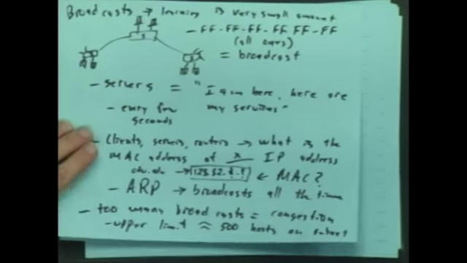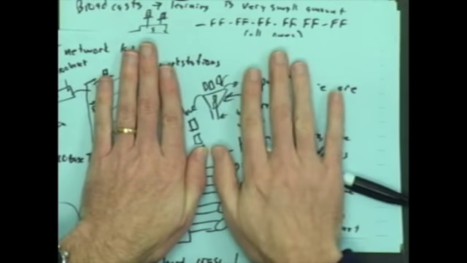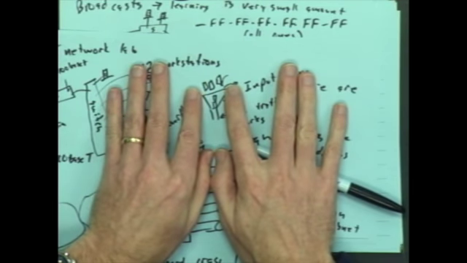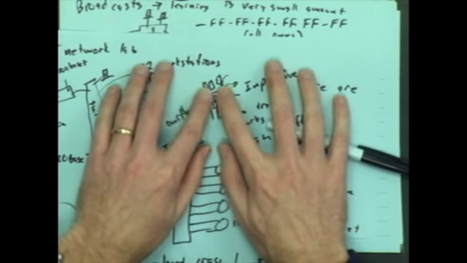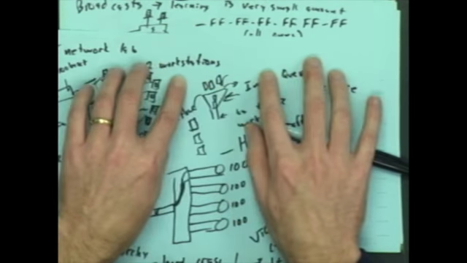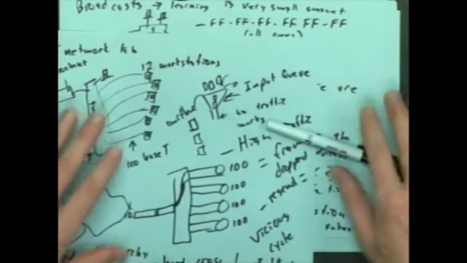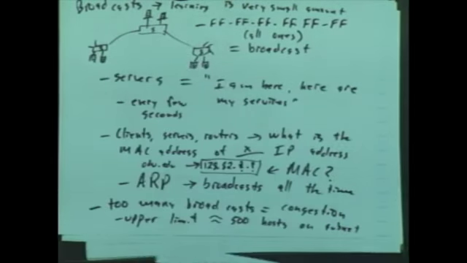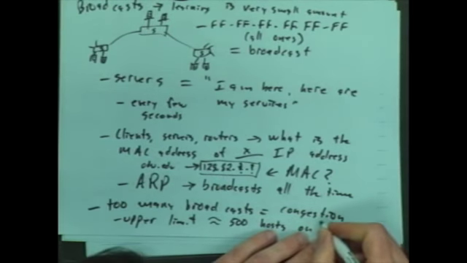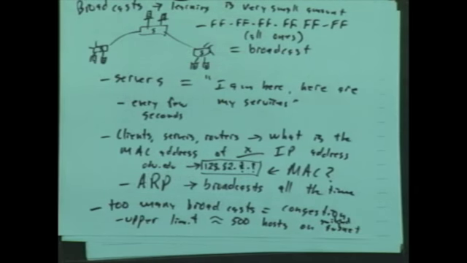With a hub network, all those broadcasts, all those people talking, only one person can talk at once. And so anytime two people talked at once, they collided, they both have to stop, and then they try to talk again. Those were fun times. Lots and lots of messed up stuff. So 500 hosts on a switched subnet. That's pretty much your maximum.